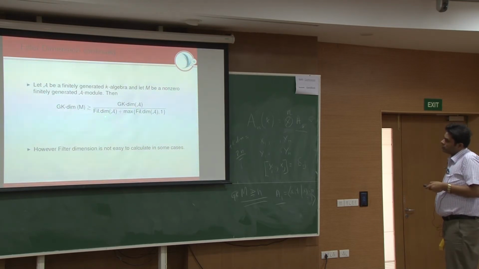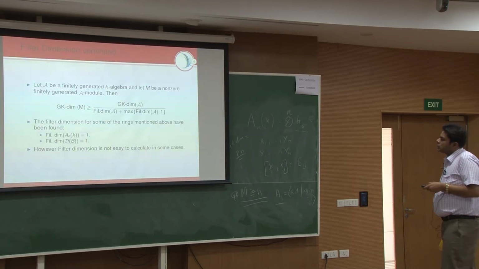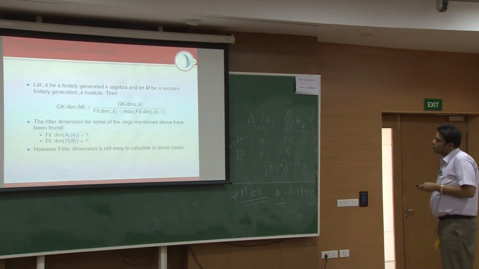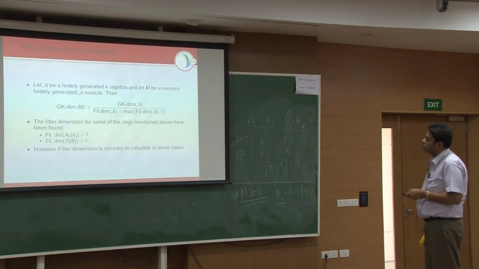So for a given algebra, we can always calculate the filter dimension and use this inequality to get the bound on the GK dimension. But this filter dimension need not be easy to calculate. For the Weyl algebra, as you would expect, it's 1, and the same for the ring of differential operators over an affine irreducible algebraic variety. The smoothness assumption is also there.